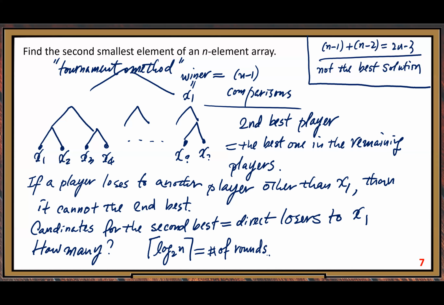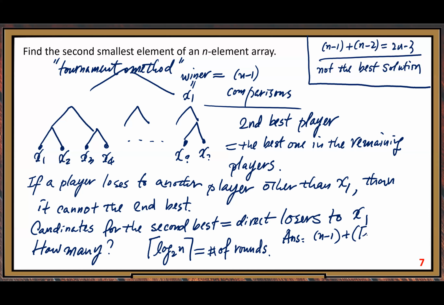Okay? Number of rounds. Then, the final answer. Now we are ready to write the final answer. The first part, get the winner, we need n minus 1 comparisons. The second one, find the best in the remaining players, but we only take the candidates from the direct losers of the winner.